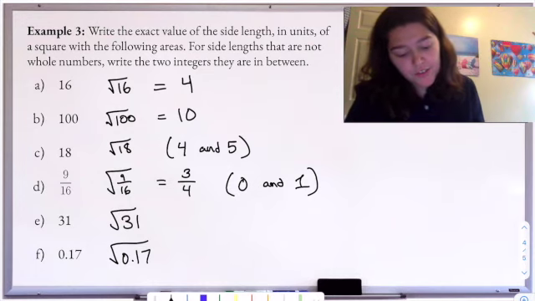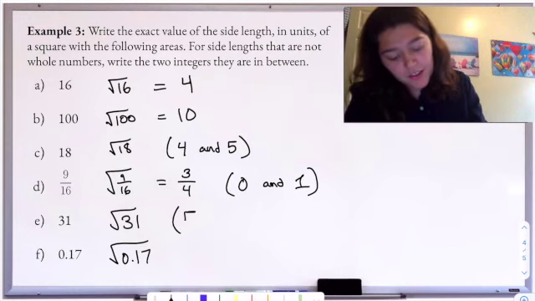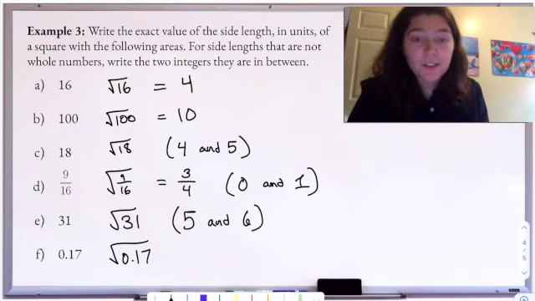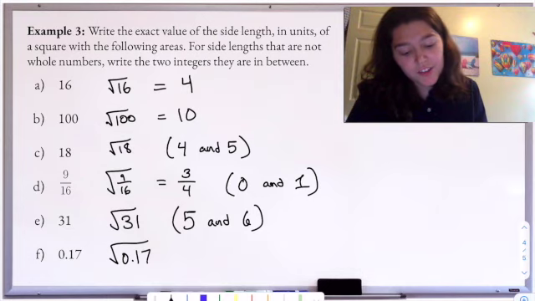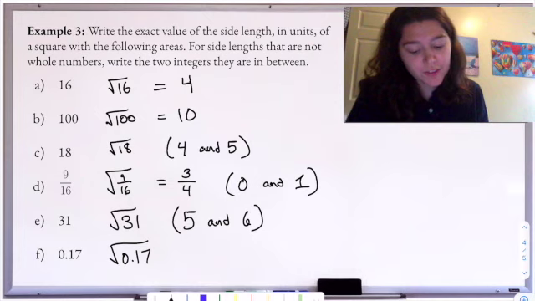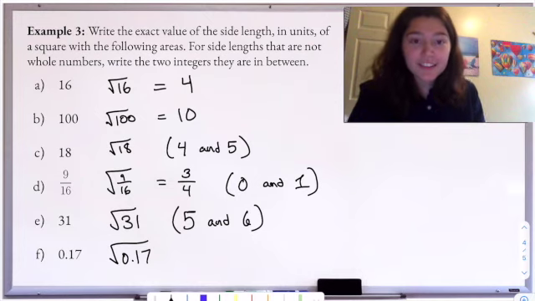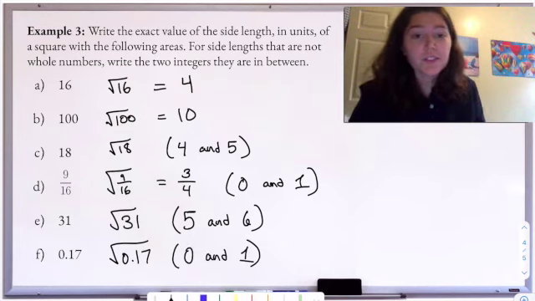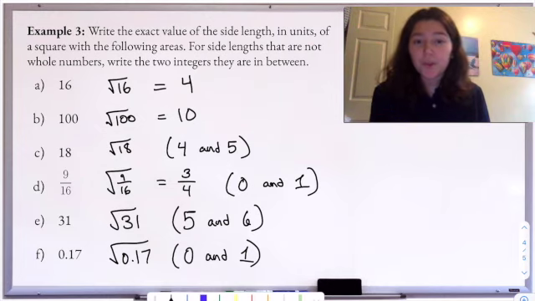The square root of 31, that is the most simplified answer for the exact value. That is in between 5 and 6, because the square root of 25 is 5 and the square root of 36 is 6. And then finally, we have the square root of 17/100. That is the exact value. That's not a perfect square, and that's going to be in between 0 and 1. The square root of 0 is 0, and the square root of 1 is 1. So that is in between those.